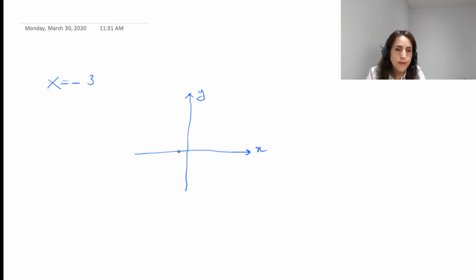x equal to negative 3 is a vertical line. Drawing a line with these pens is not so easy.